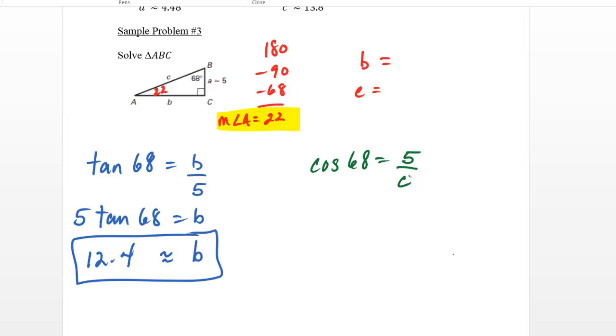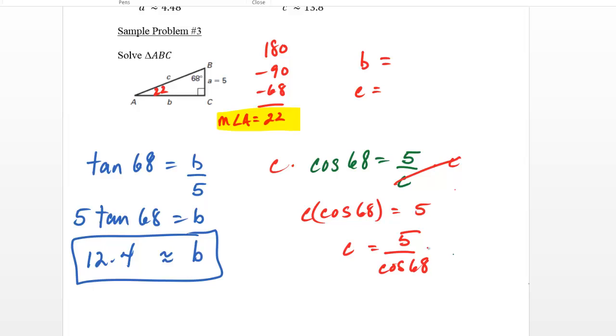Now, let me show you a little trick that happens here. If I multiply both sides by C to eliminate that, I now have C times the cosine of 68 equals 5, and I want to get C by itself, so C is going to equal 5 divided by the cosine of 68.